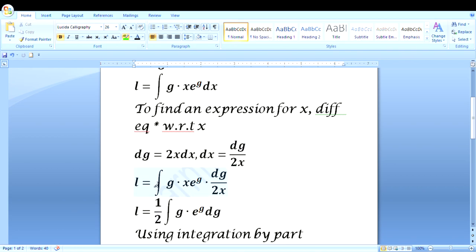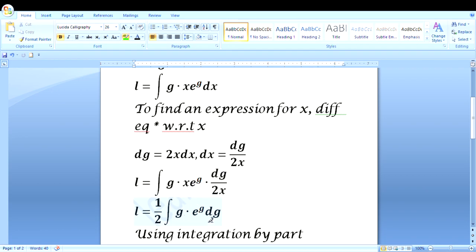And if that is done, you see that the integral becomes g times x times exponential g times dg divided by 2x. Now here we cancel x, and what is left is 1 over 2, and we factor it out, it becomes 1 over 2 integral, because this half is constant. So 1 over 2 integral of g times exponential g dg.